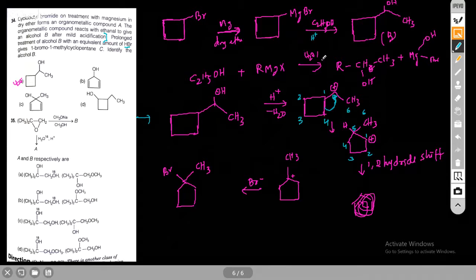With mild acidification only, Mg will get this OH and Br, and then OH will attach to this. Correct. So this is the product.